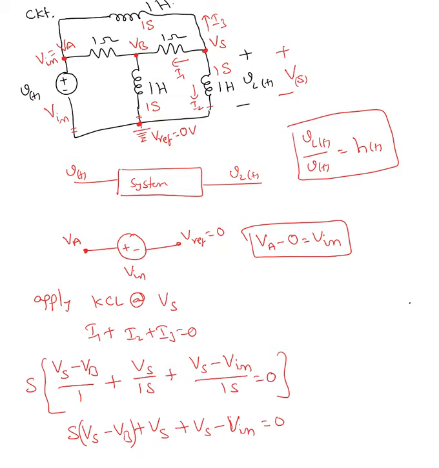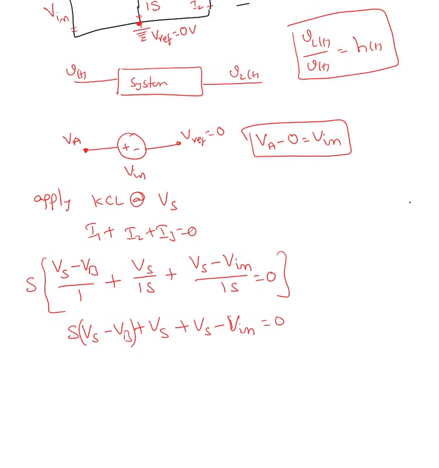Equal to 0. After simplifying the equation, I end up with 2 plus s times Vs, because Vs plus Vs is 2 Vs, plus s times Vs, so it's going to be 2 plus s times Vs. Then I take Vn to the other side, and s times Vb to that side.